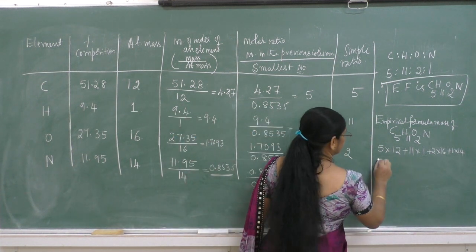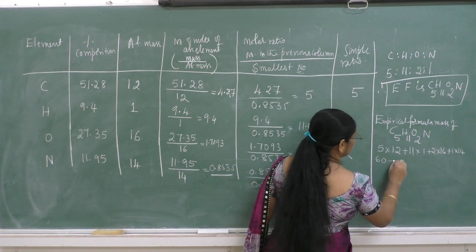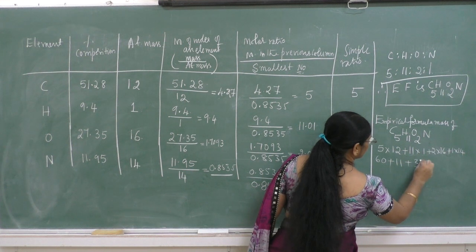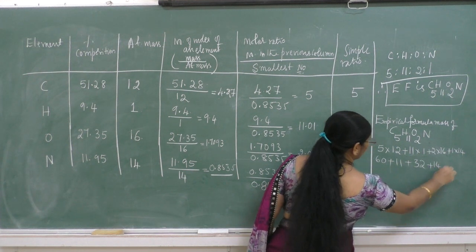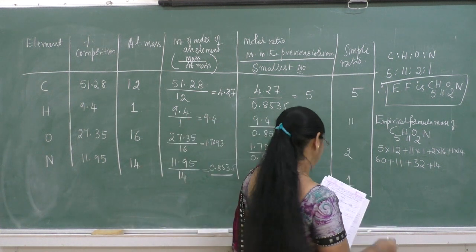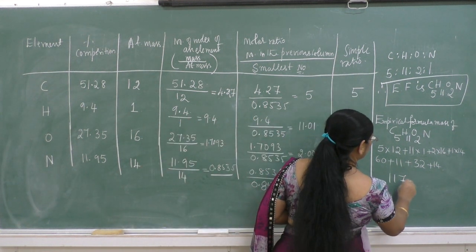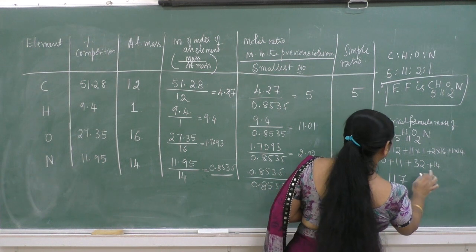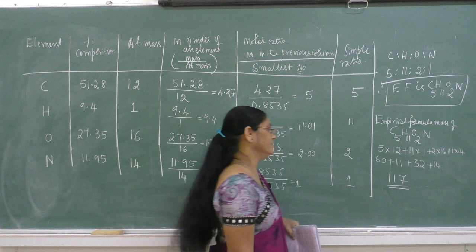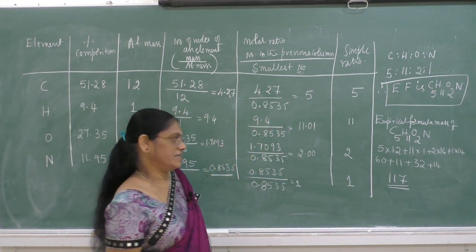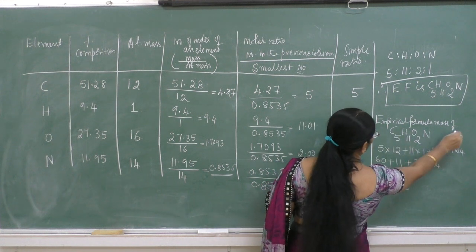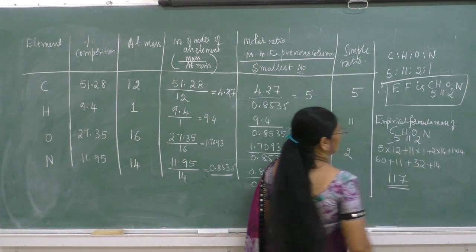So 12 fives are 60, plus 11 into 1 is 11, plus 16 twos are 32, plus 14. Then the sum is equal to 117. So 117 is the empirical formula mass of this formula.